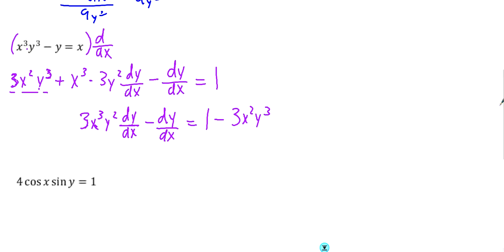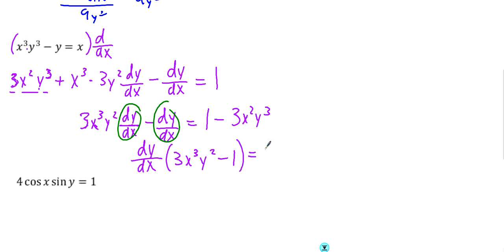Now, since both of my terms have dy over dx, I'm going to factor it out. So I get dy over dx, and I'm left with, in the first term, the 3x cubed y squared, and minus 1 in the other one.